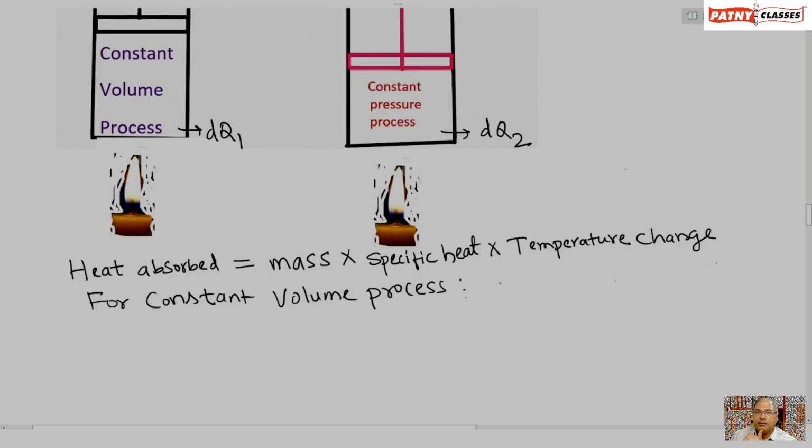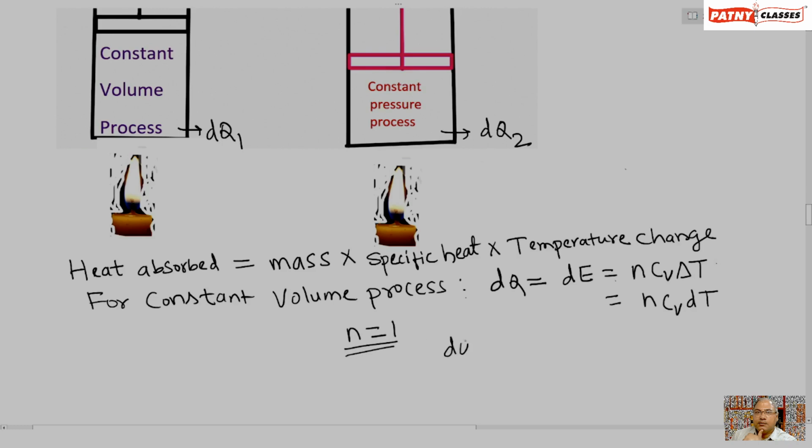For the constant volume process, dQ1 equals the change in internal energy. This equals the number of moles multiplied by specific heat and temperature change. Since we are taking a small change, in place of delta T we can write dT, and the number of moles n equals 1.